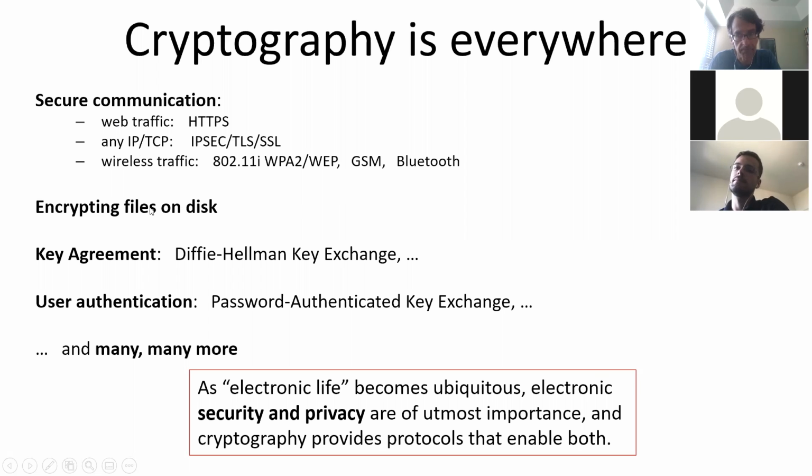Disk encryption is another obvious case, and these are cases of point-to-point communication, or in this case, a communication of my previous self with my future self, the person who wrote an encrypted file and the same person who read it later.